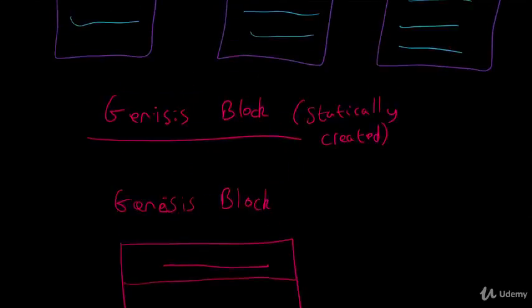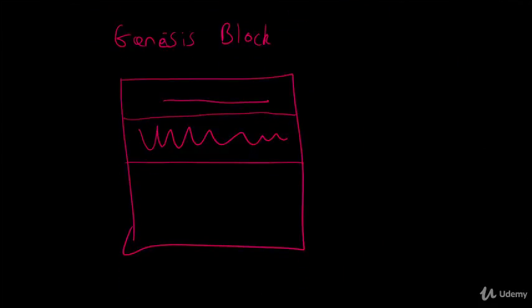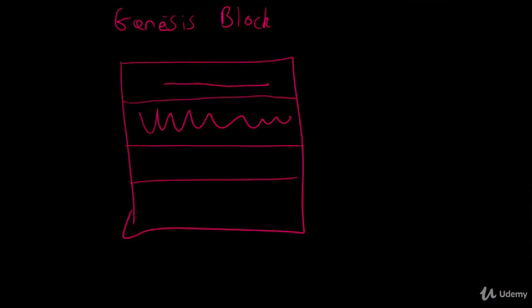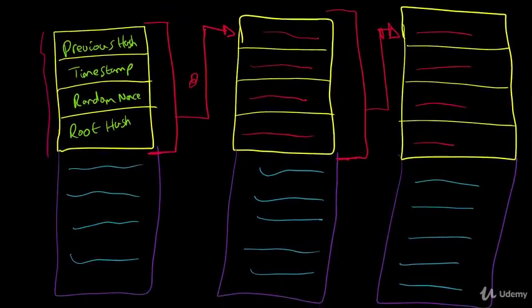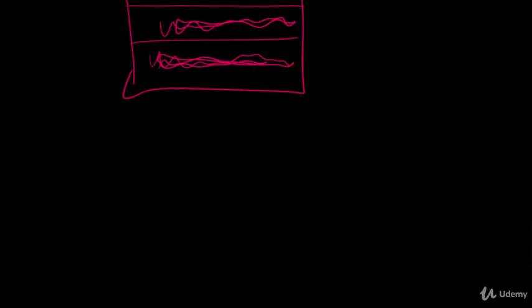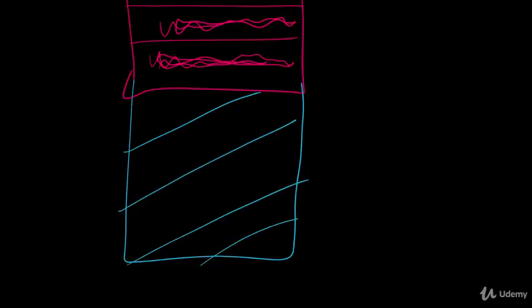The other fields, the timestamp, the random nonce, the root hash, have a bunch of data in there. And then the transactions are non-existent. So we have no transactions, and this is just empty. So this is a Genesis block.